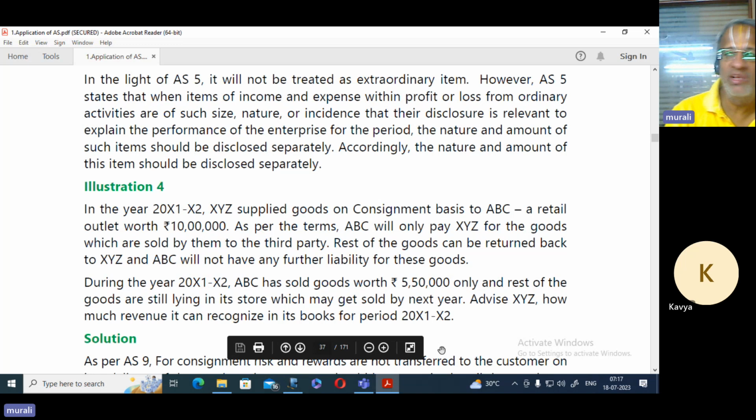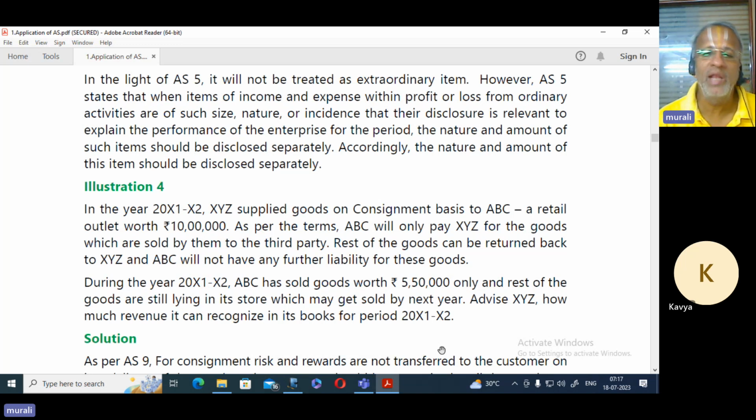So therefore, the relationship between XYZ and ABC is not that of a vendor and a customer. What they cannot sell, they will return, and they do not assume any liability for the goods that they have taken and not sold. So therefore, the relationship is that of principal and agent.